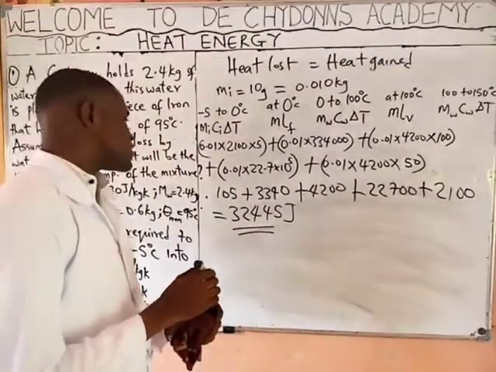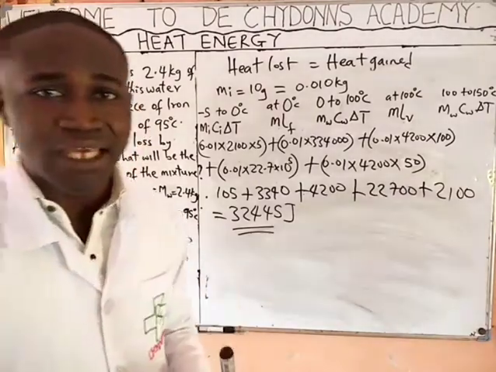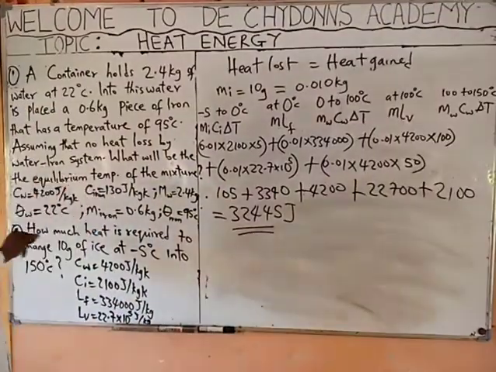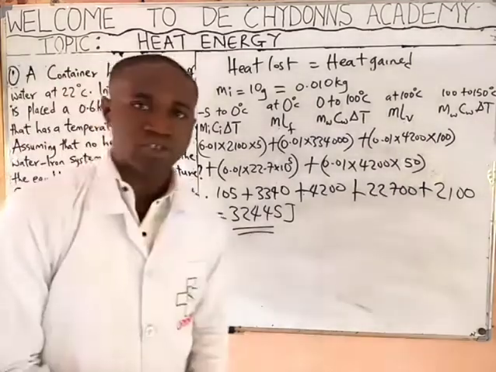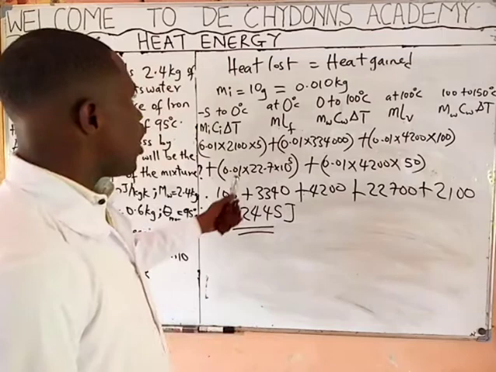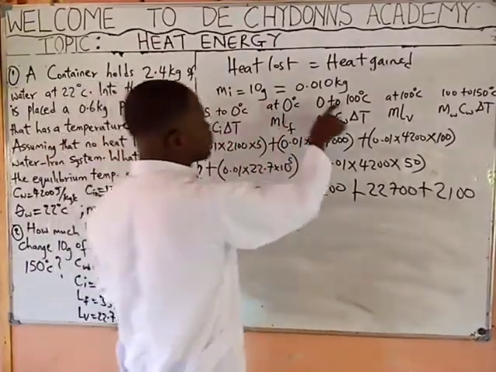Okay? So 32,445 joules. That is the total heat required for you to convert that ice from the temperature of -5 to 150 degrees Celsius. Don't make a mistake of converting from here to here only, or from here to here only.